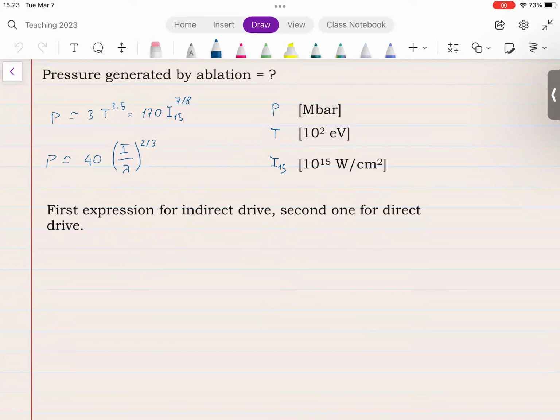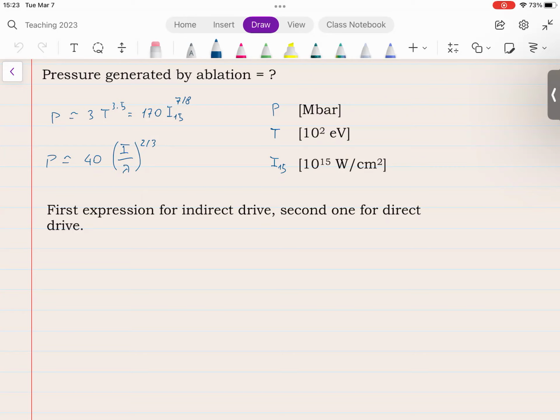Now, one more piece of information that is important here is, okay, this process is actually helpful because we're making the capsule implode, but how much energy at the end does it actually get into the target?